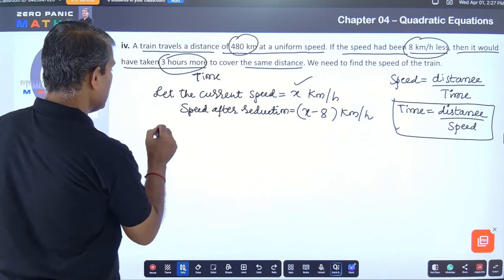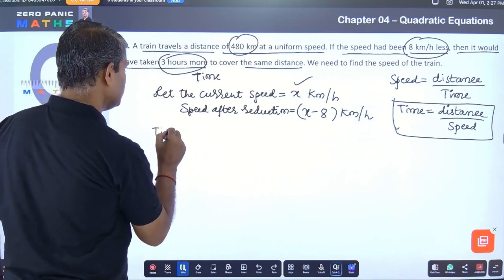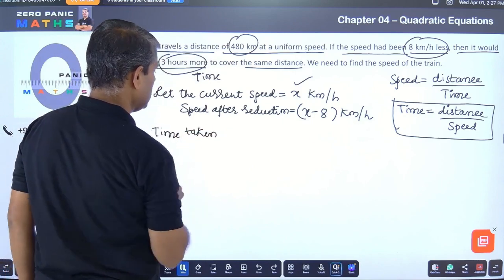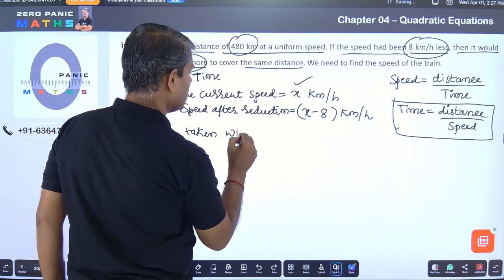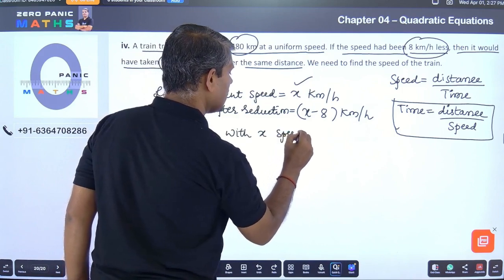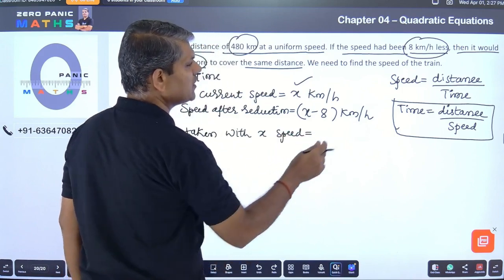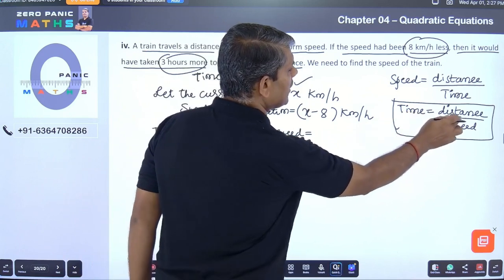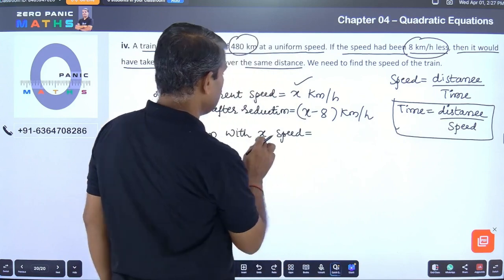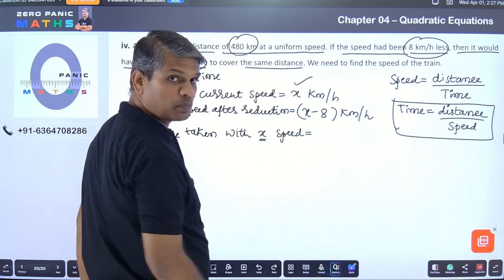So the time taken with x speed. What is time here? Distance divided by speed. Now we are considering x as the speed.